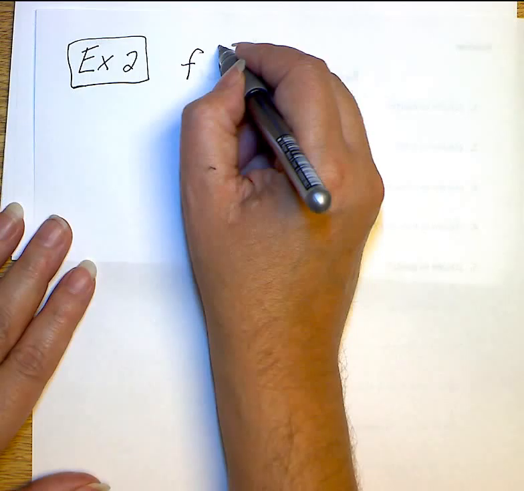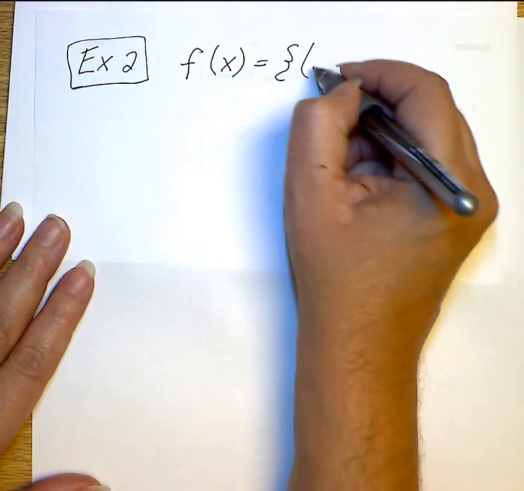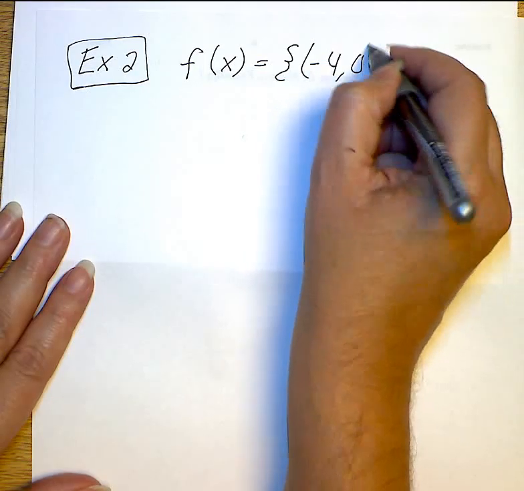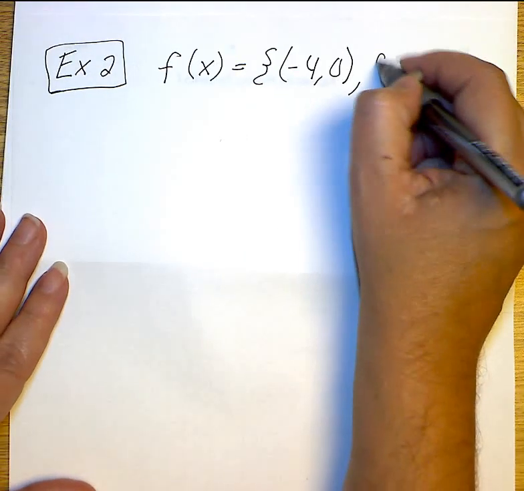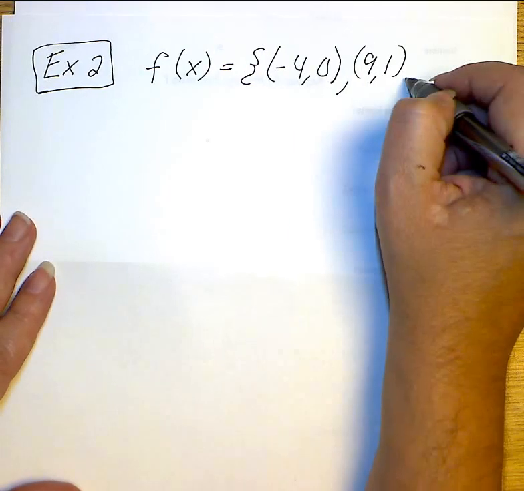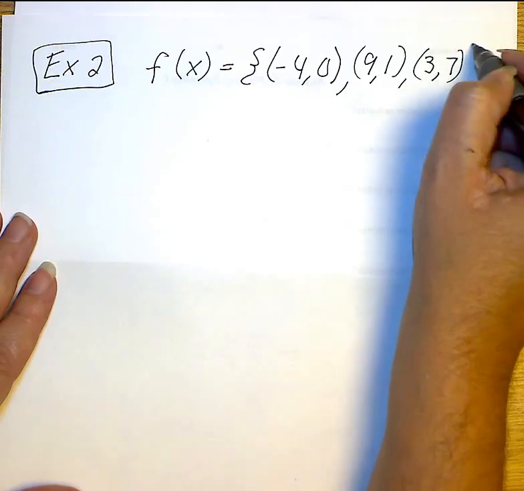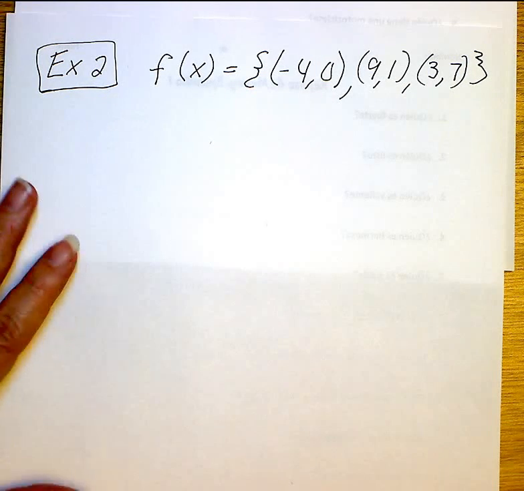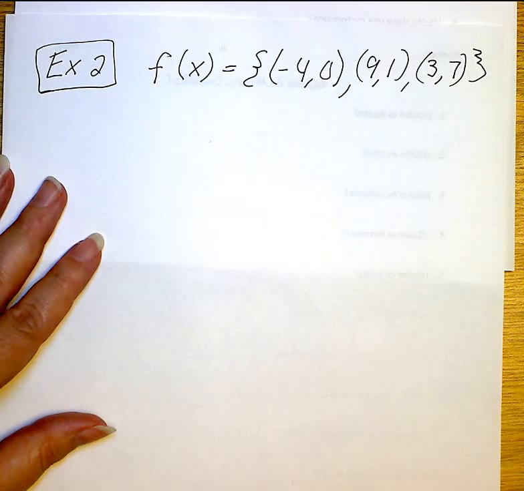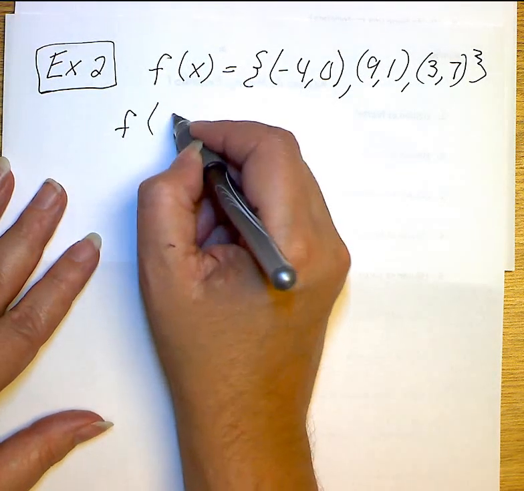Example 2. F of x equals the ordered points (-4, 0), (9, 1), and (3, 7). If you have ordered points and then it says, what is f of 9?